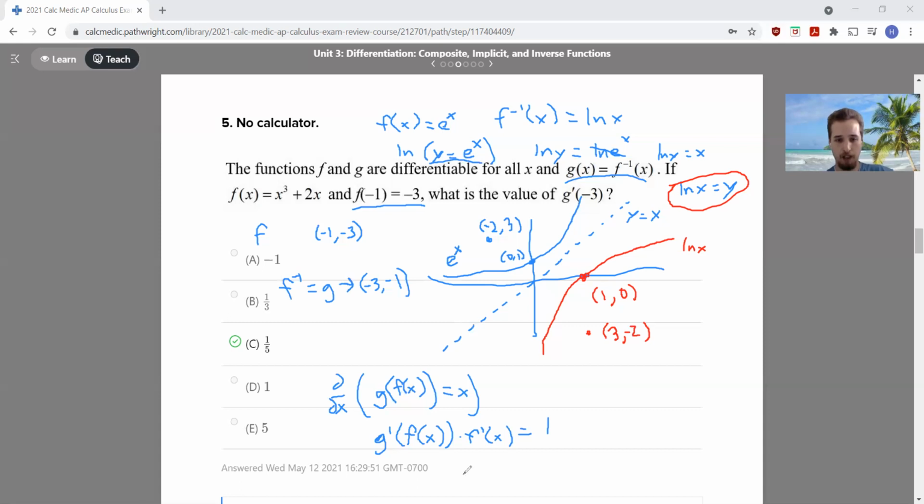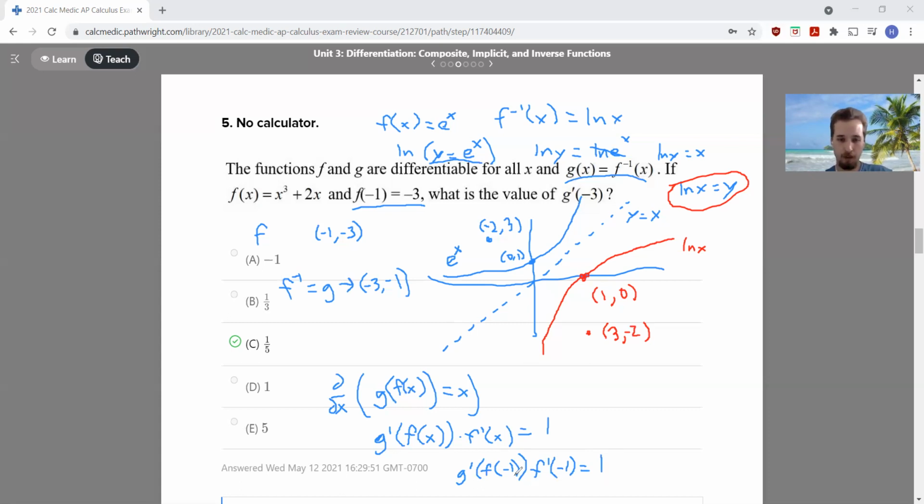So we're going to plug in -1 for x. And if this math is like a little bit too much for you guys, don't worry, I have an easier way to solve it. I'm just kind of showing you graphically how this works.